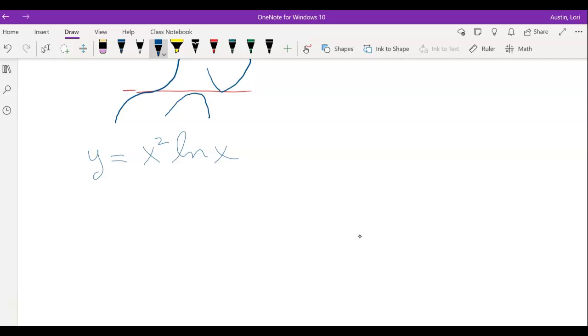Find for me, we'll start with critical points. See if this function has any mins or maxes of any kind. How would you do that?